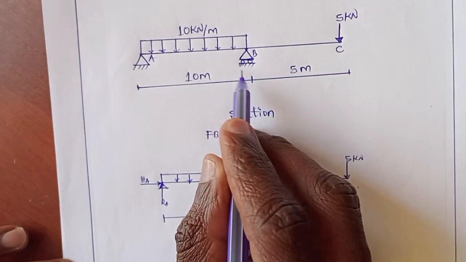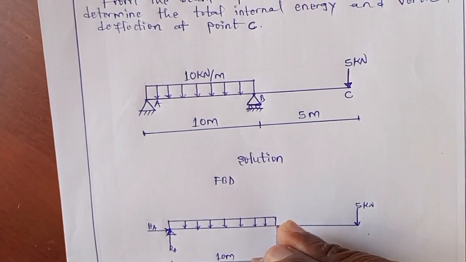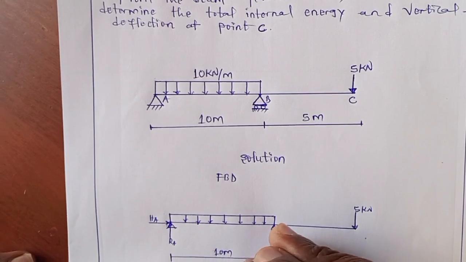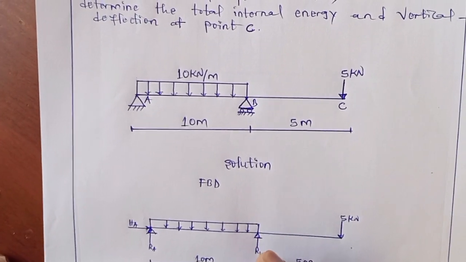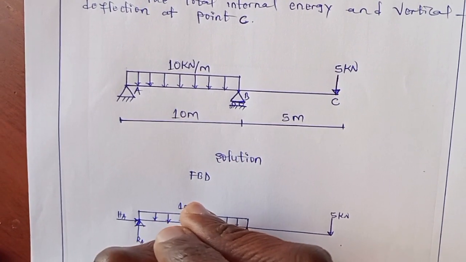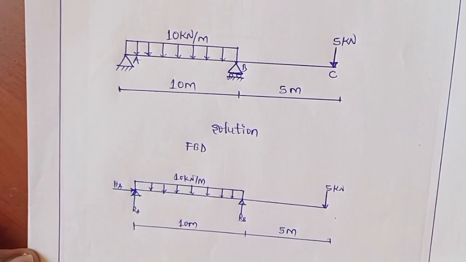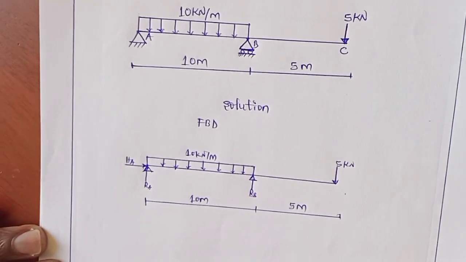This is a roller support. It is affected by only one reaction, which is a vertical reaction. Let's say RB, the vertical reaction at point B. Here there was a 10 kilonewton per meter uniformly distributed load. Okay, this is the free body diagram.